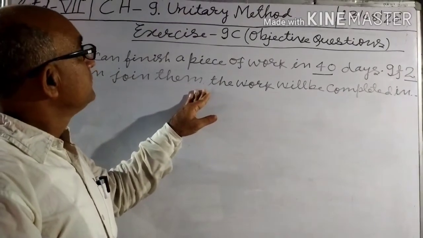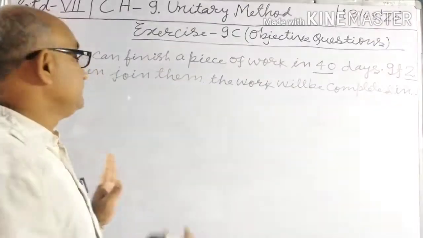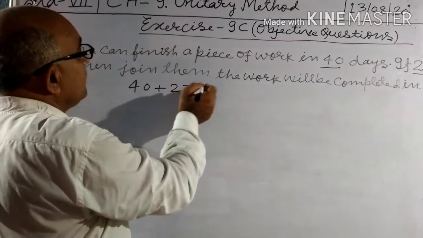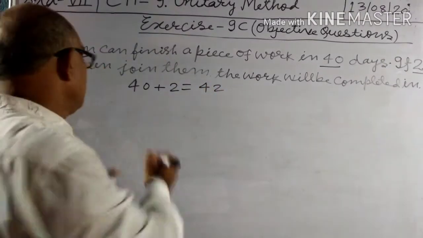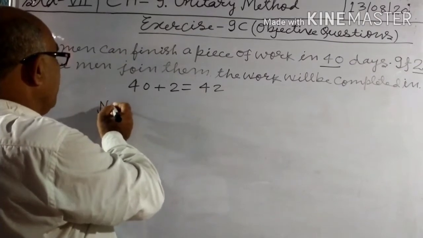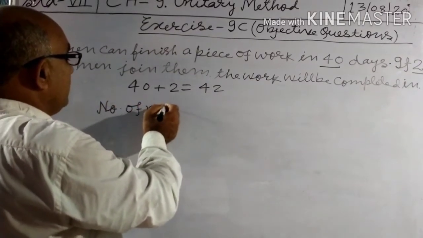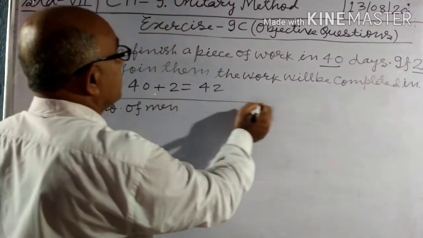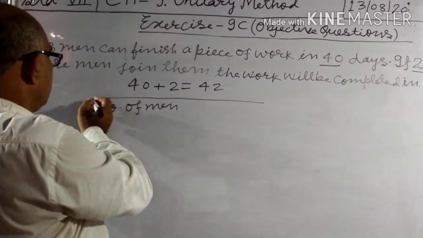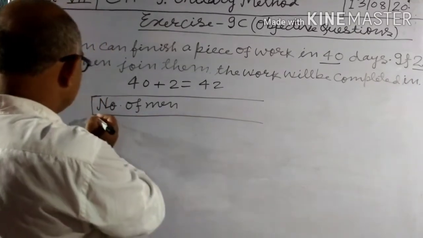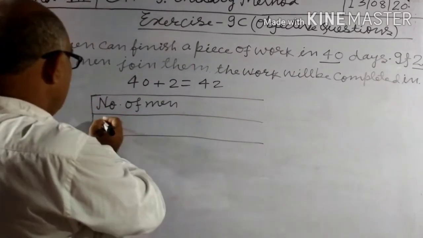If two more men join them, the work will be completed in how many days? After two more men join, the number of men is 8 plus 2 equal to 10 men. In the first column, number of men, and in the second column, number of days.